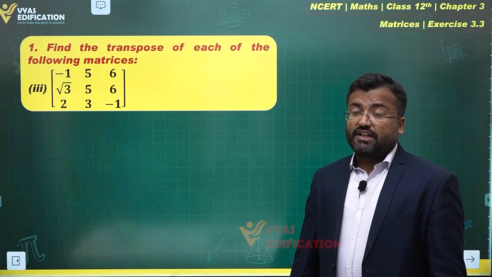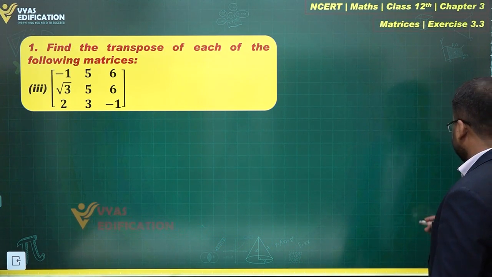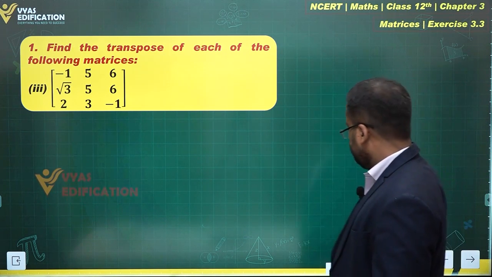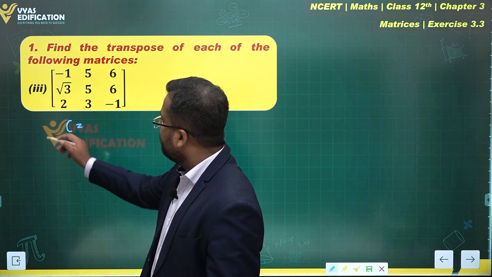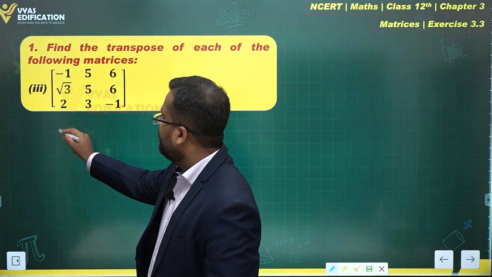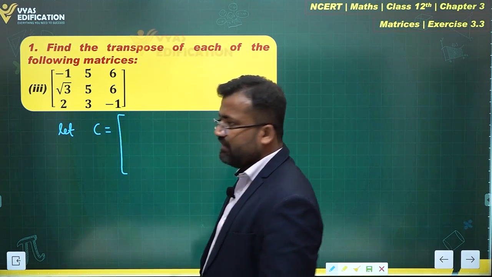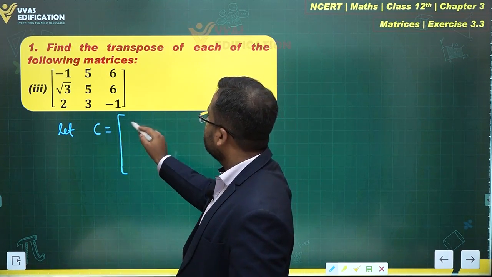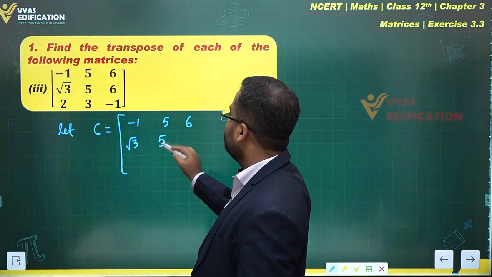Let's talk about the third part of this question. We are once again finding the transpose of the matrix. How do we go about finding this? Let this matrix be called C. This row is minus 1, 5, 6. This is root 3, 5, 6.